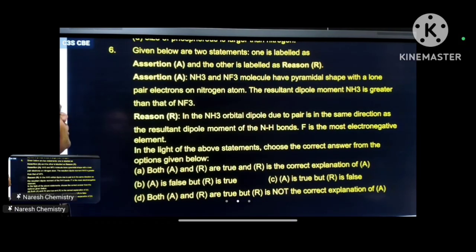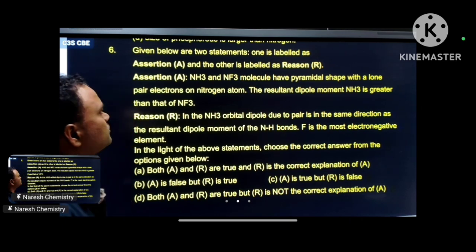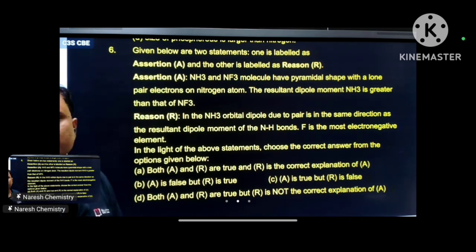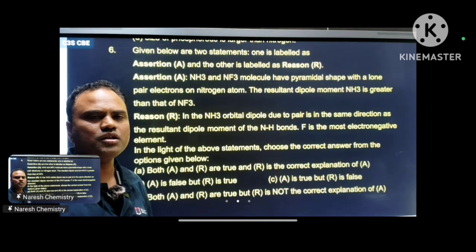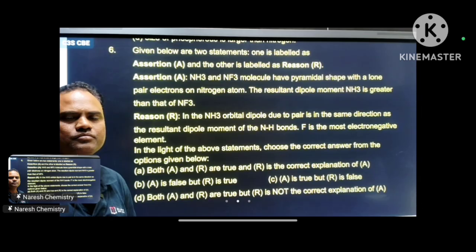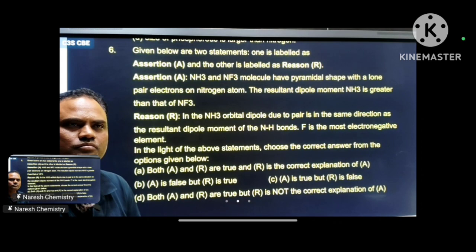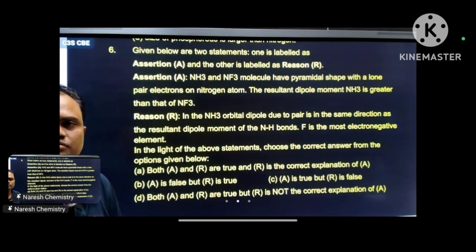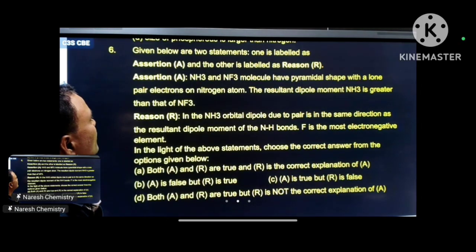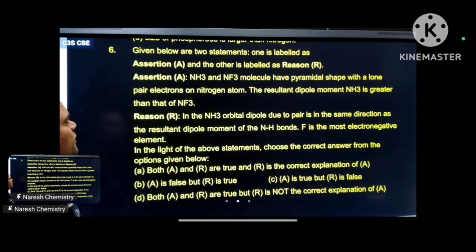Given below are two statements. One is labeled as assertion and the other is labeled as reason. Read and tell me. Assertion: NH3 and NF3 molecules have pyramidal shape with a lone pair of electrons on the nitrogen atom.